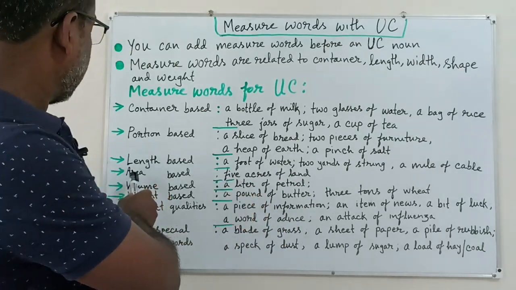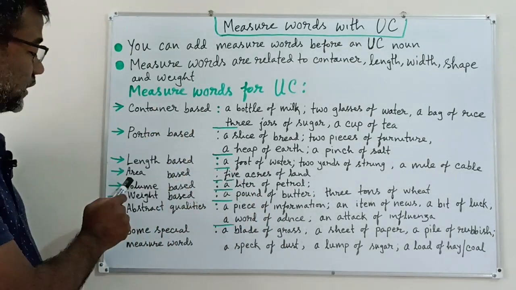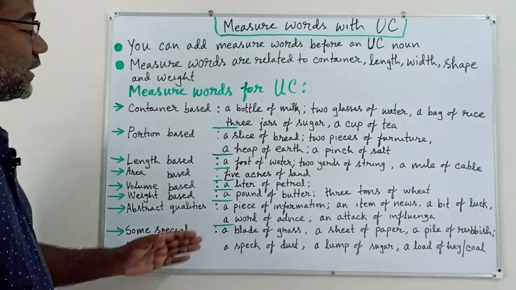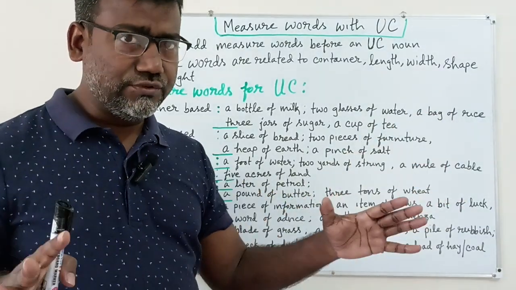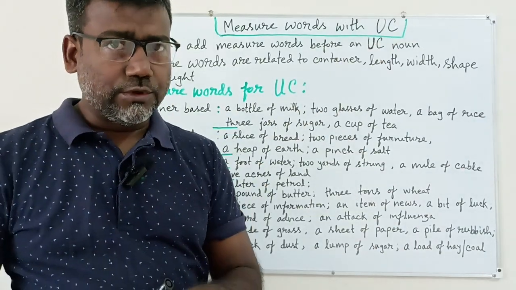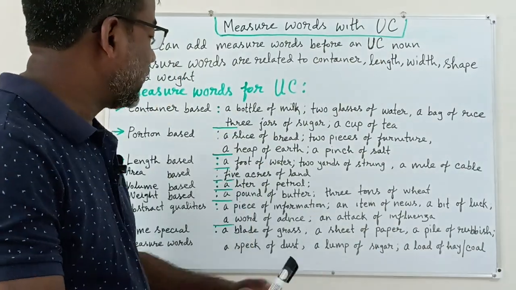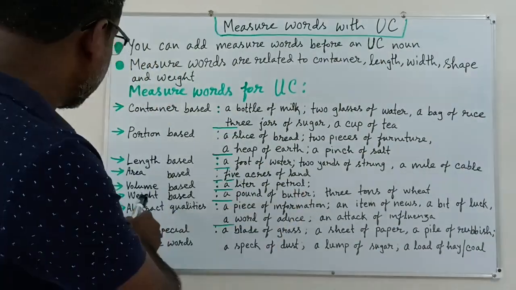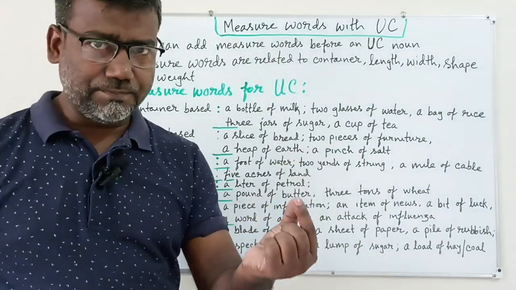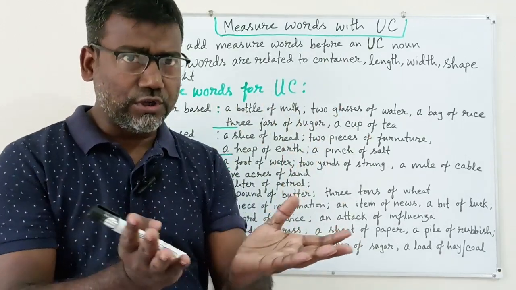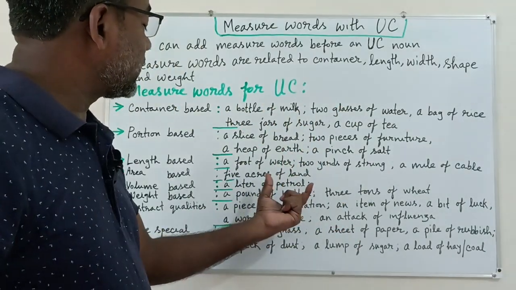Another measure word, area based. One example: 5 acres of land. Acre is a unit for measuring area or land. 5 acres of land. Volume based measure word: a liter of petrol. Liter is a unit for measuring the volume of liquid substances.